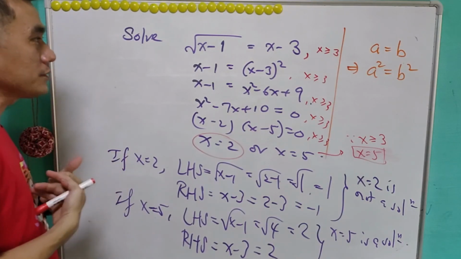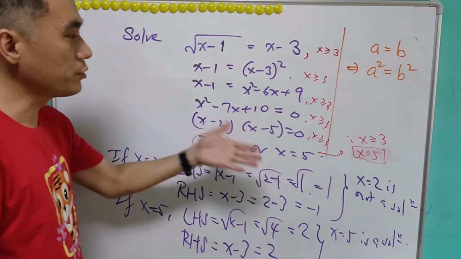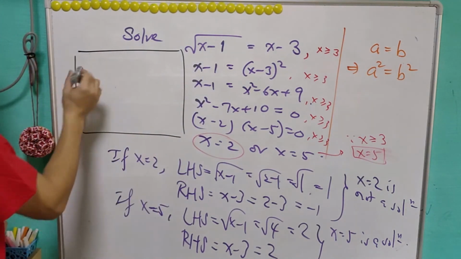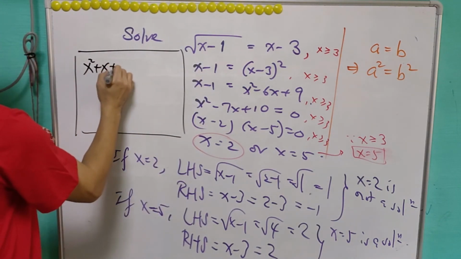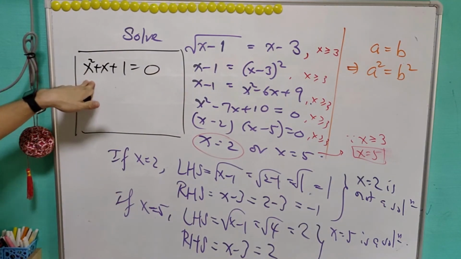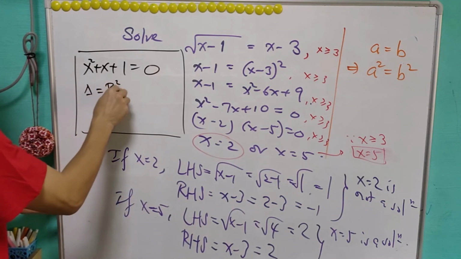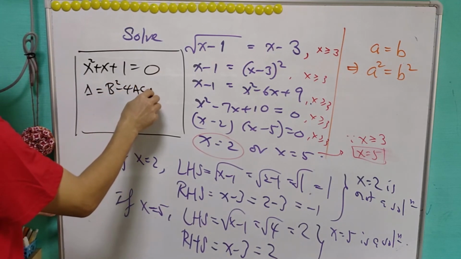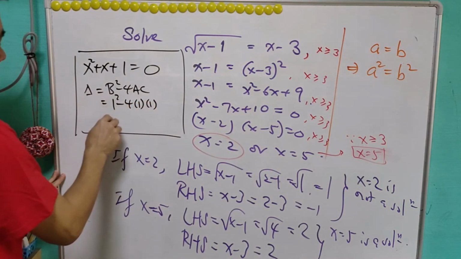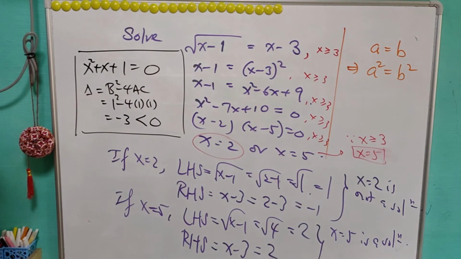It may also be possible that some equation has no solution at all. So back to the question just now, we start with x squared plus x plus 1 equals 0. Then from this equation itself, we already know that the discriminant is b squared minus 4ac, which equals 1 squared minus 4 times 1 times 1, that is negative 3, and it is negative.